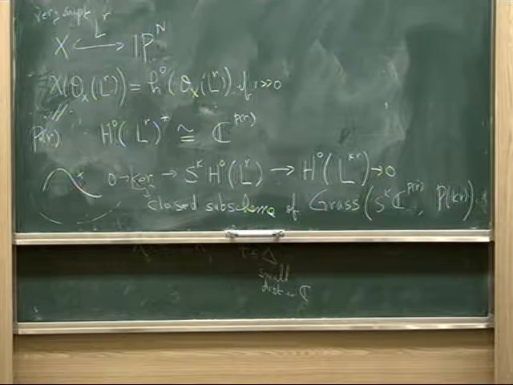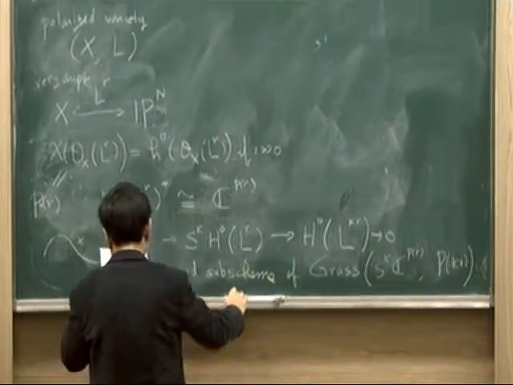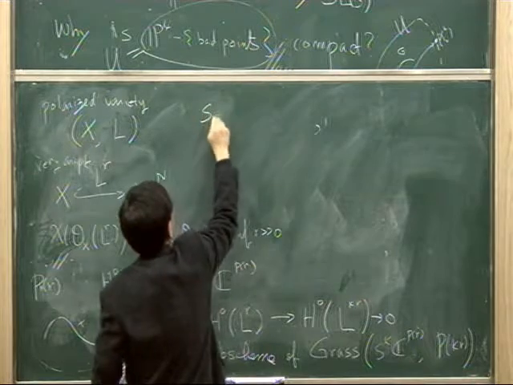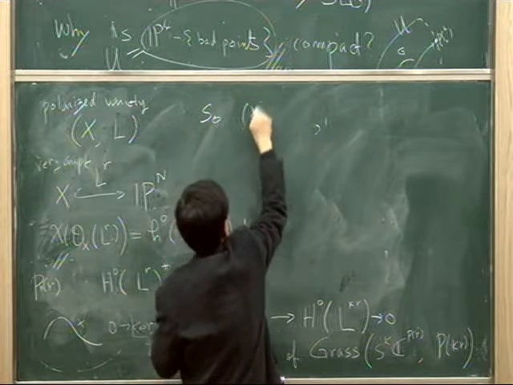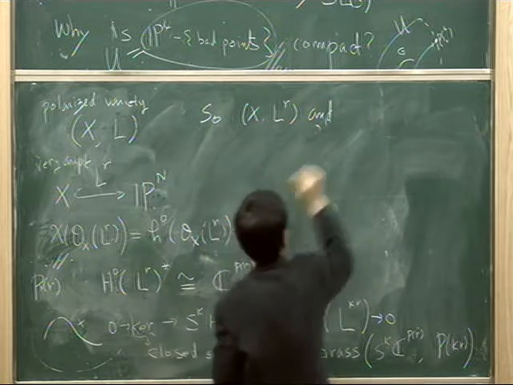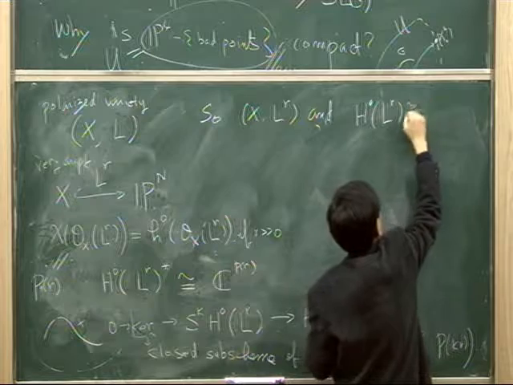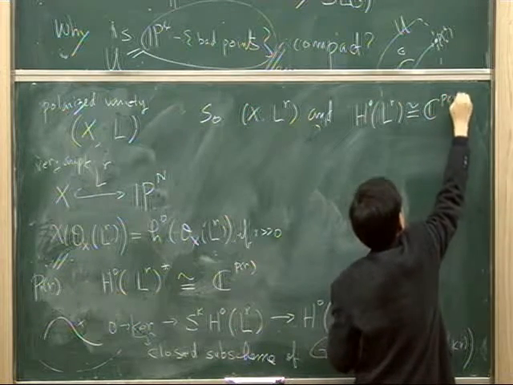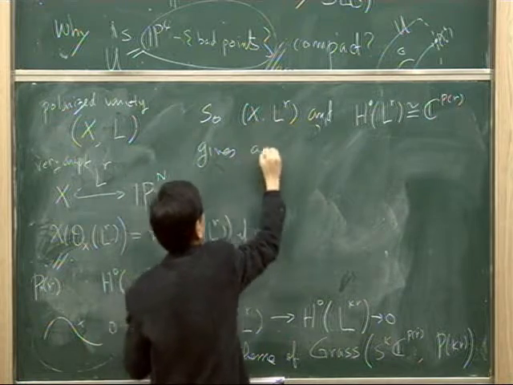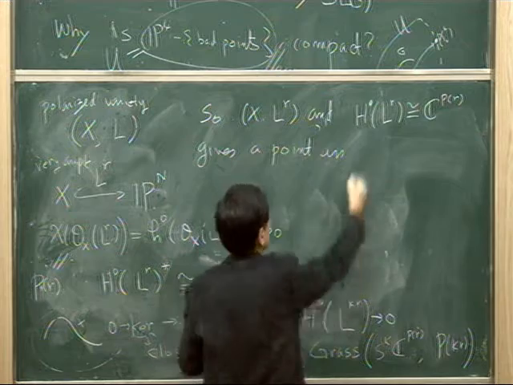Okay. So then X, L^R, and this isomorphism gives a point in this Grassmannian.